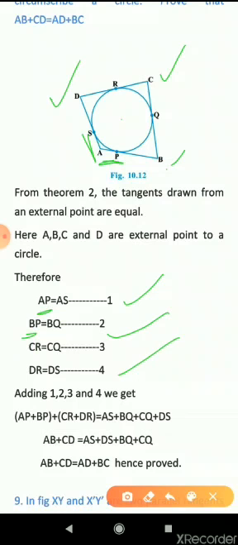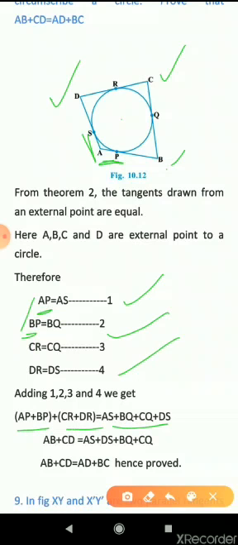When we are adding, we have to group together. AP and BP I wrote together because P is common. CR, DR I wrote together because R is common. When you are grouping, please observe that. And here separately AS, BQ, CQ, DS, I wrote as it is.